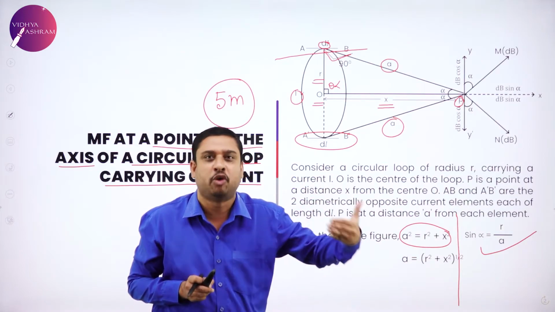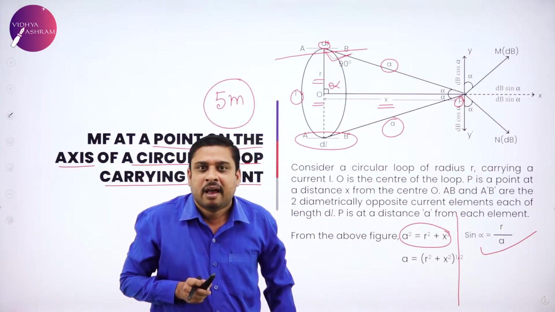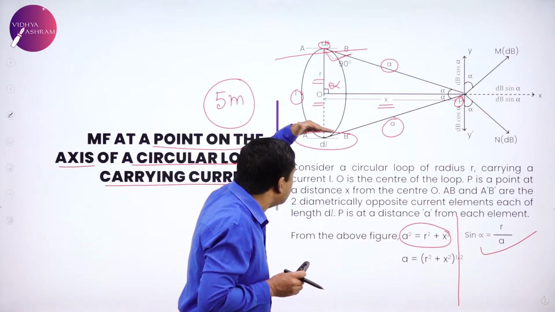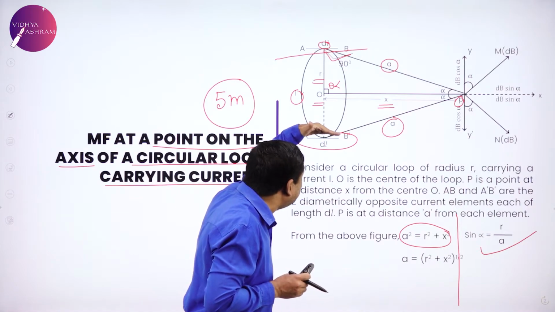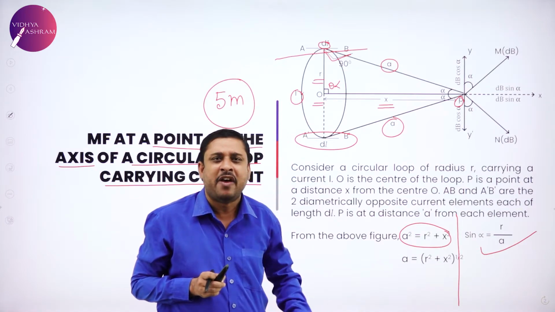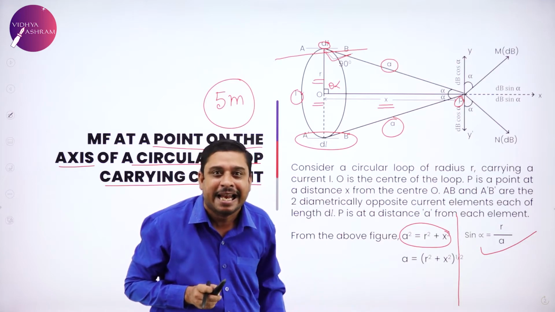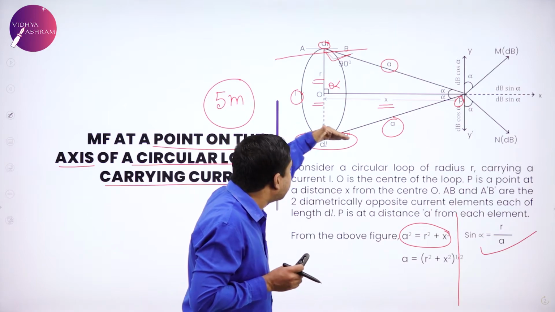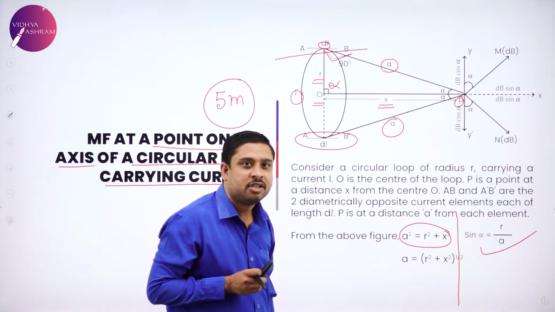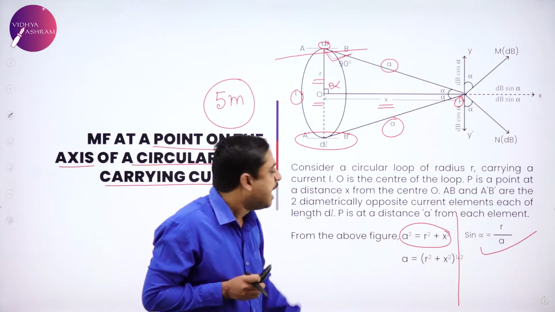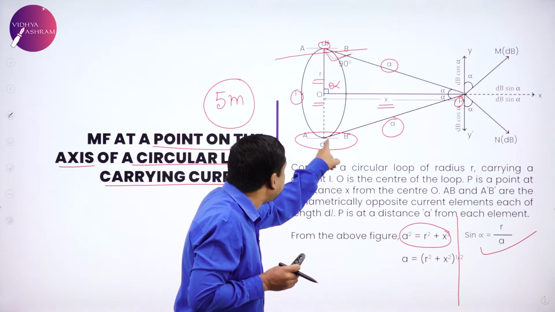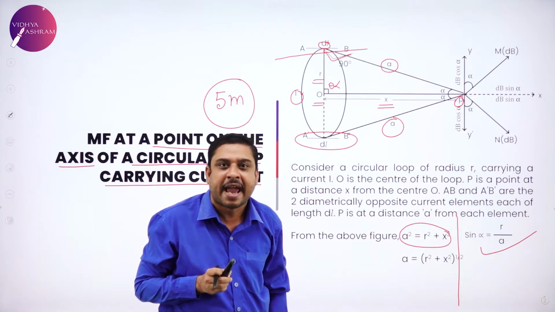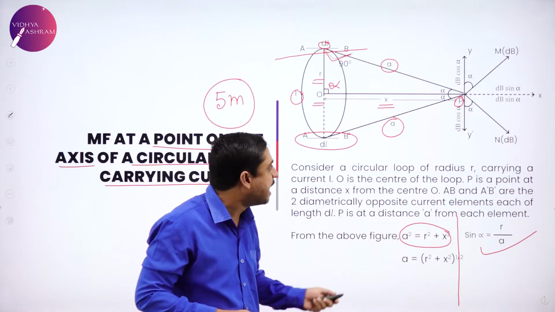Just go back to your regular geometry. I have considered the element to be very, very thin, so that it behaves as a tangent to the surface, and the angle between the tangent and the current flowing through that surface is 90 degrees.